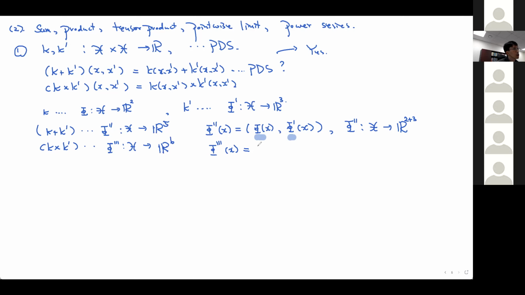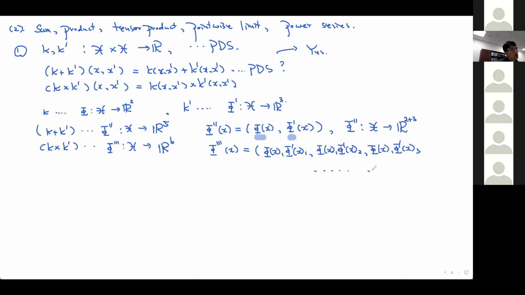The feature for phi triple prime is obtained this way: phi of x first component times phi prime of x first component, then phi of x first component times phi prime of x second component, and phi of x first component times phi prime of x third component, and so on.